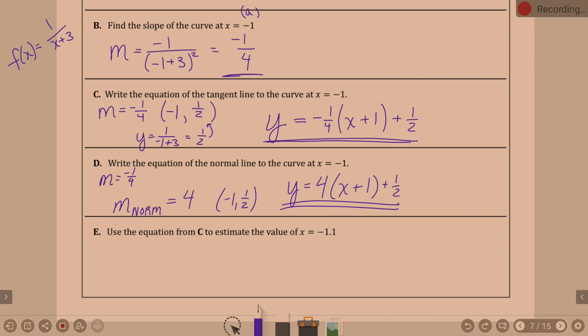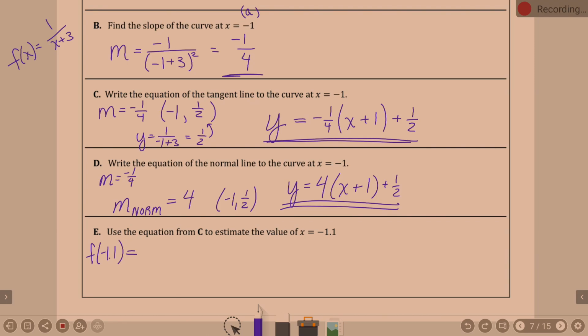Okay. Use the equation from C to estimate the value at x equals negative 1.1. Okay, what was our equation from C? This guy right here, yes. I'm going to write it as f of negative 1.1 because we're plugging in negative 1.1, yes.